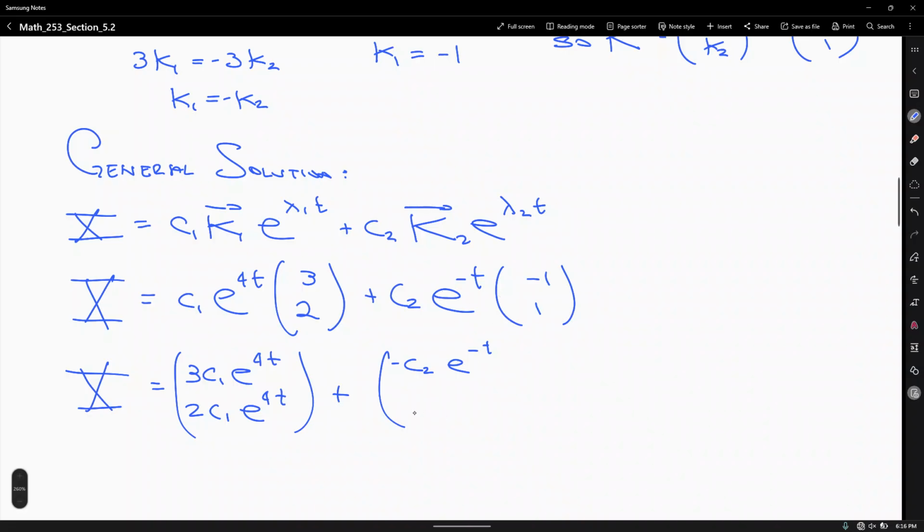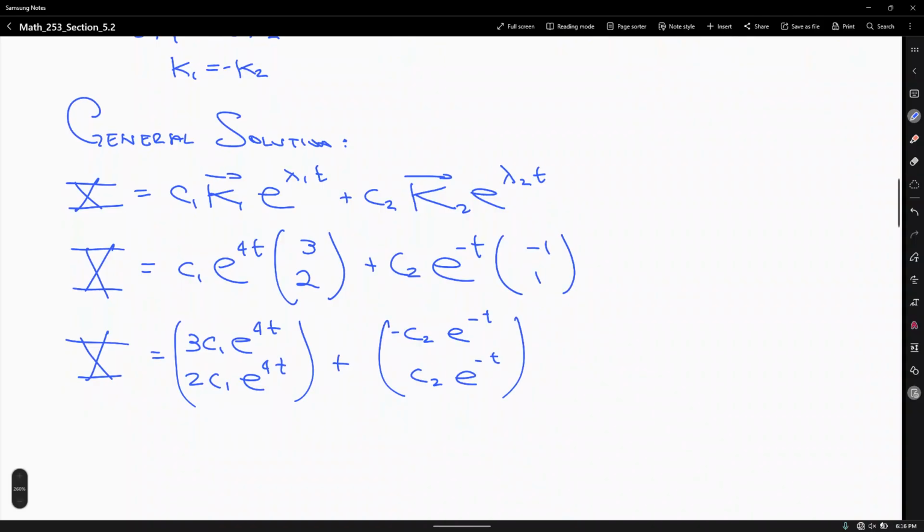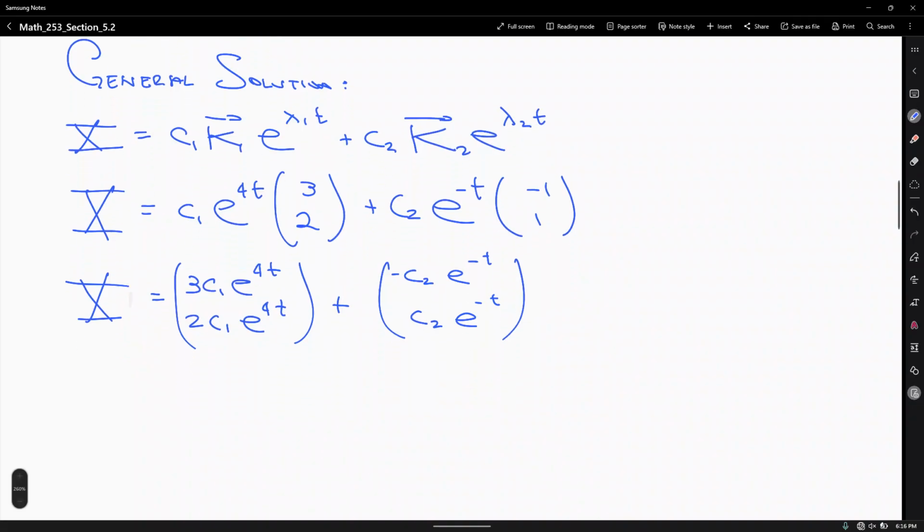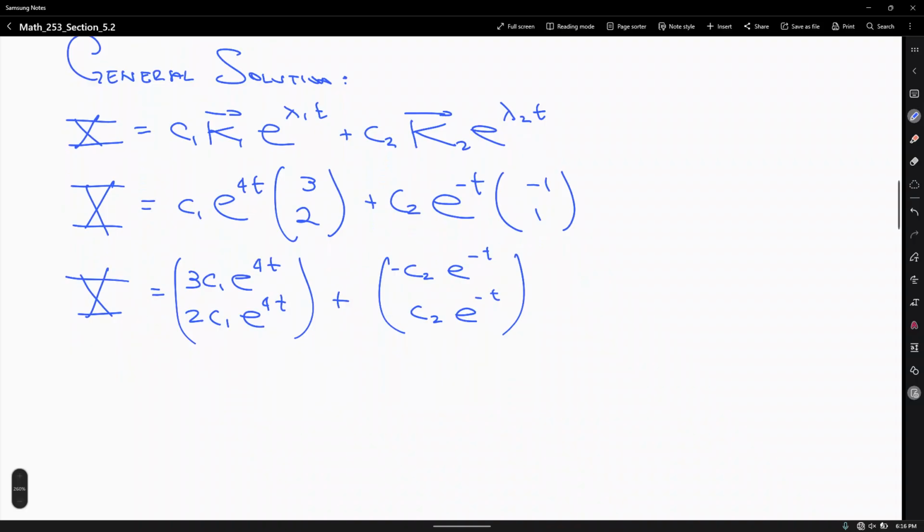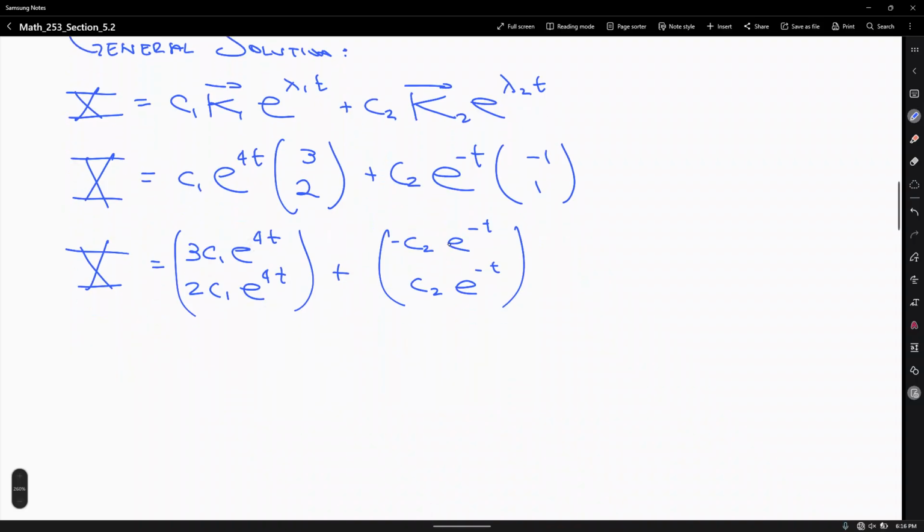And this one simply times 1, C2 e to the negative t. And then how about we add these two 2 by 1 matrices, two column vectors essentially. I mean, vector addition from calculus 3. X component with X component, Y component with Y component, right?